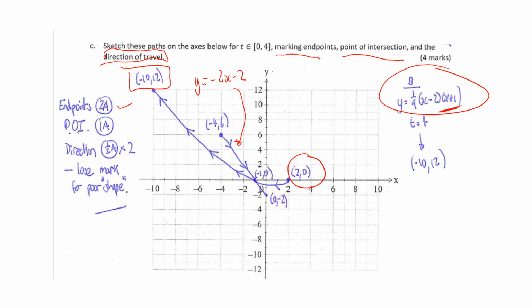So two marks for the endpoints, 1 for the point of intersection, which was easy enough to establish, half a mark each for the direction. And I thought if your parabola didn't look like a parabola, or your straight line didn't look like a straight line, then you'd lose a mark as well for that. Hopefully that was pretty clear. That was designed to be fairly easy marks, but it was quite amazing how many people didn't find that easy at all.